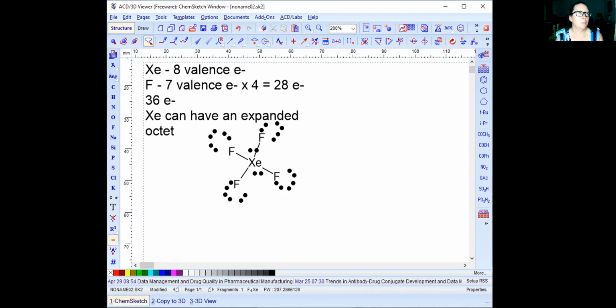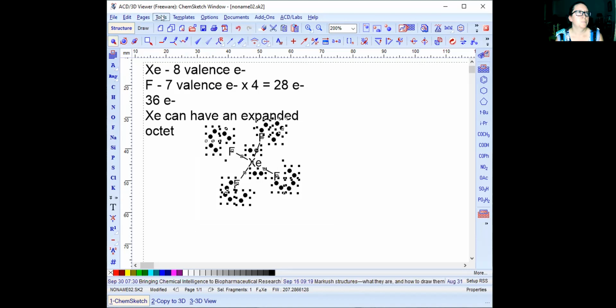So maybe now, if we try to copy this to the 3D viewer and do the 3D optimization, it's still not giving the right shape. So it tells us xenon tetrafluoride is nonpolar. What must be the shape of this molecule?